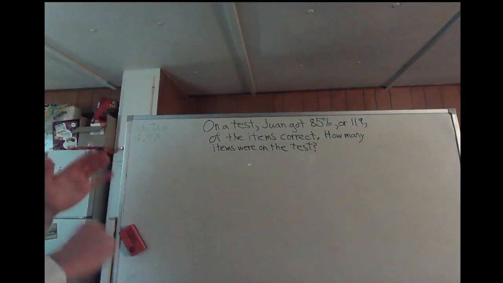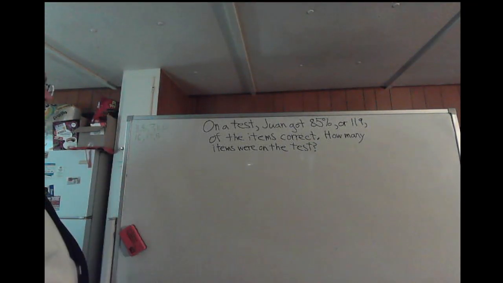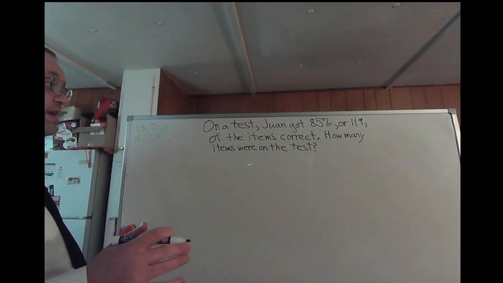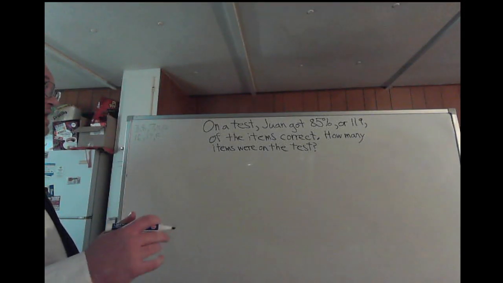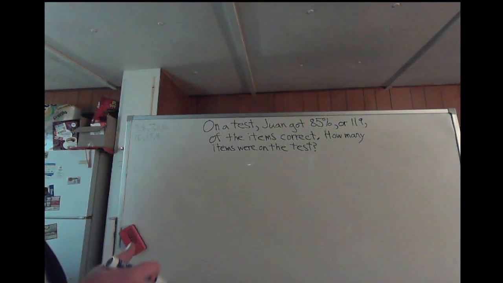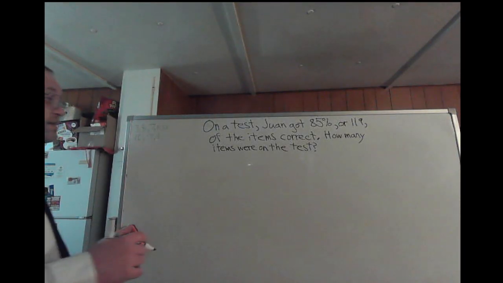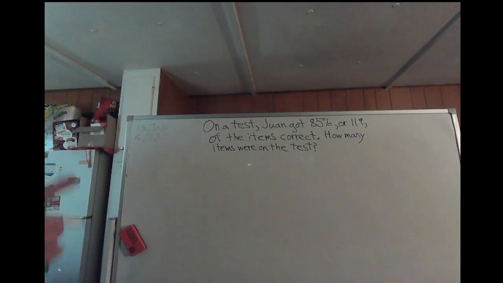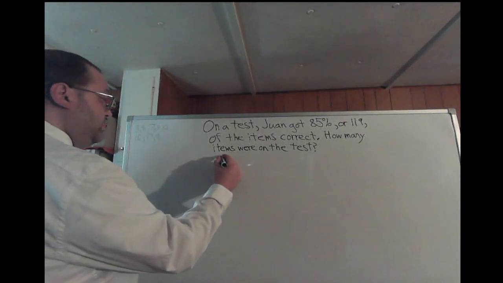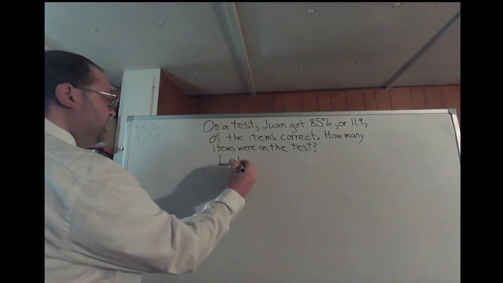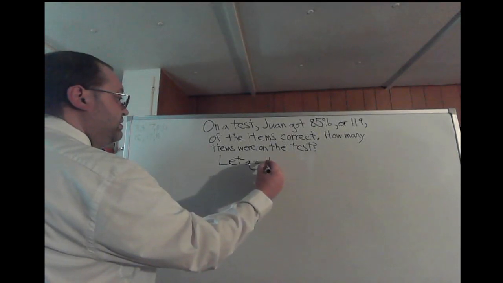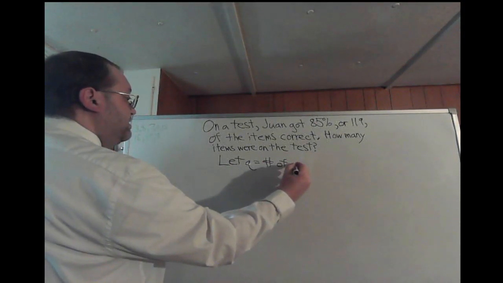So it tells you he got 85% of the questions for a total of 119 correct. We want to figure out how many were on the test. Well, the missing number we don't know is the number of questions. So we will let Q equal the number of items or questions.